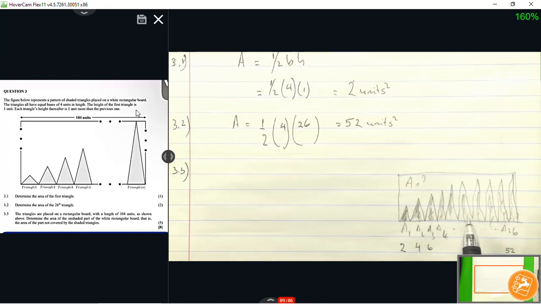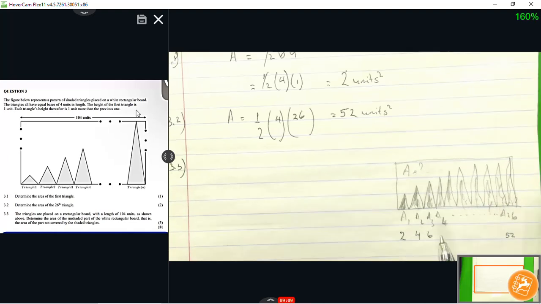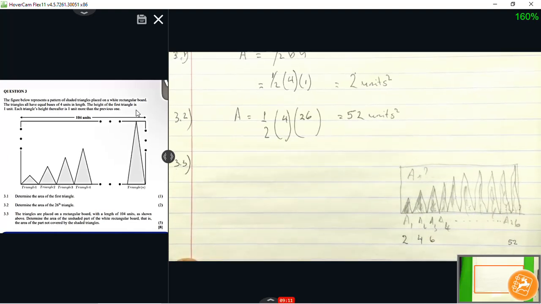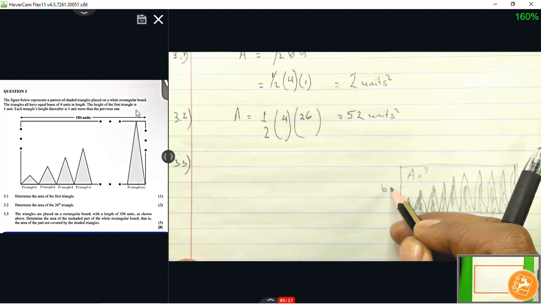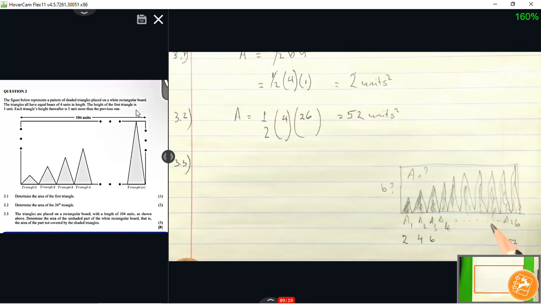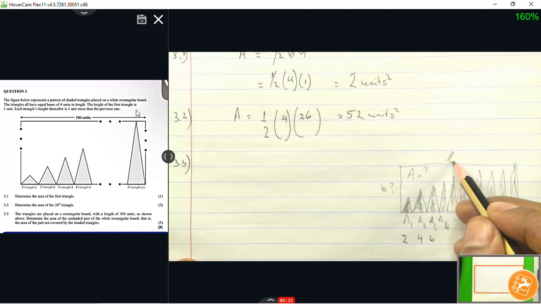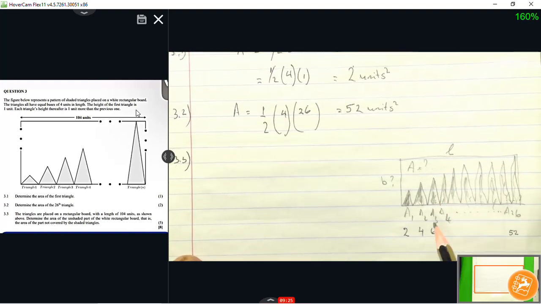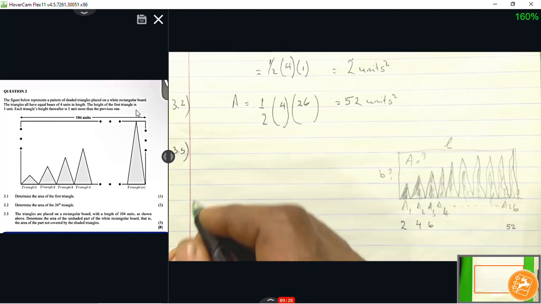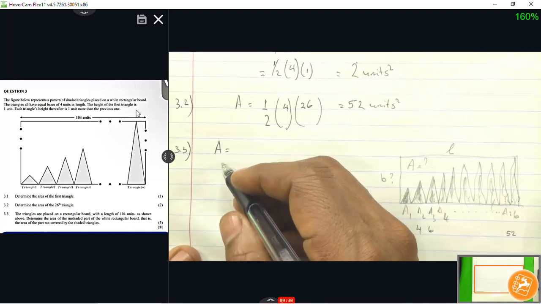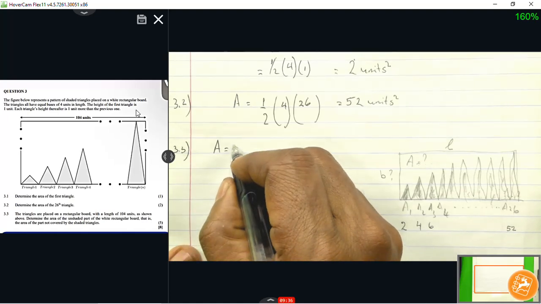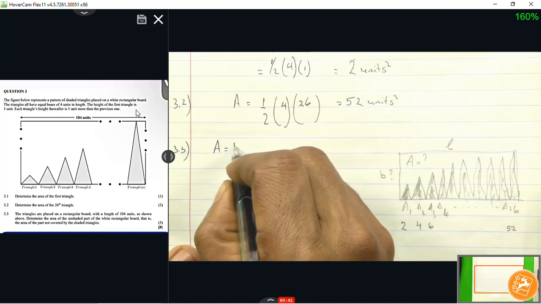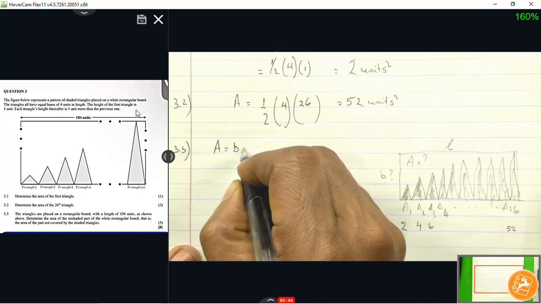Then if I've added all these areas, I will say, okay, what about this box here? What is my B for this box, this rectangular board? What will be my L? Then if I have the area of my board, the area of board will be width or breadth times length.